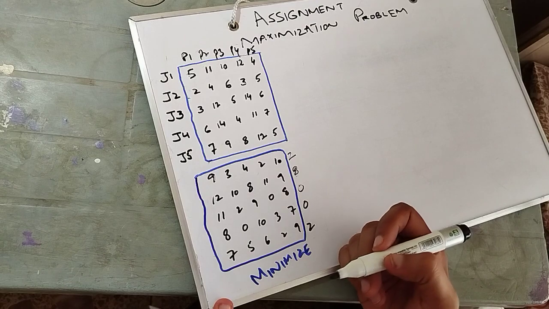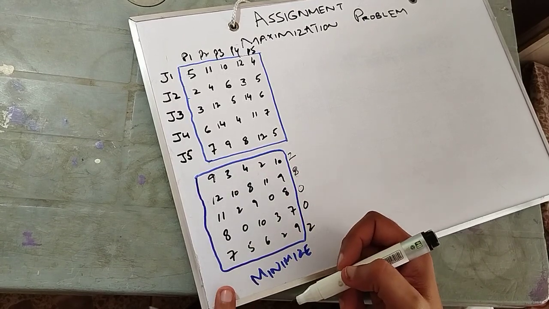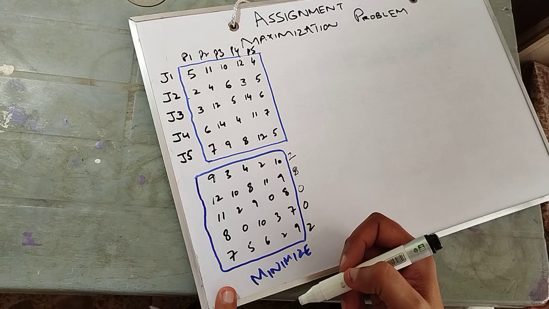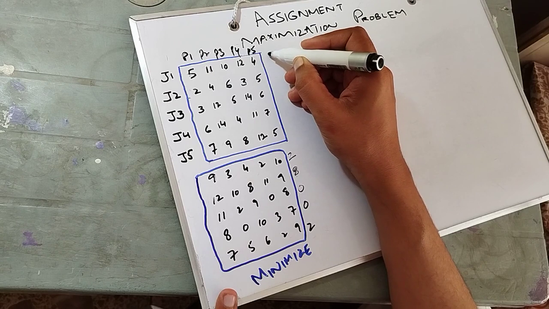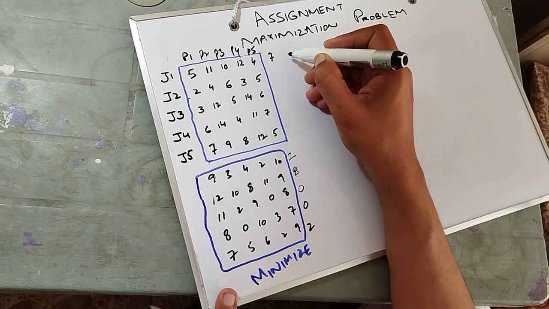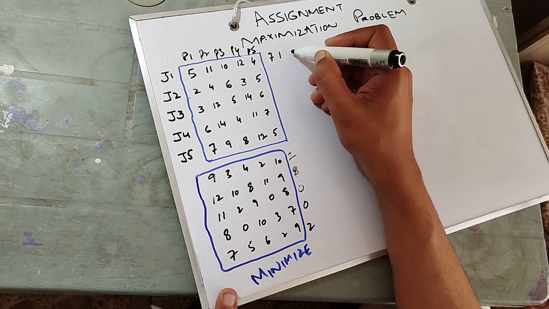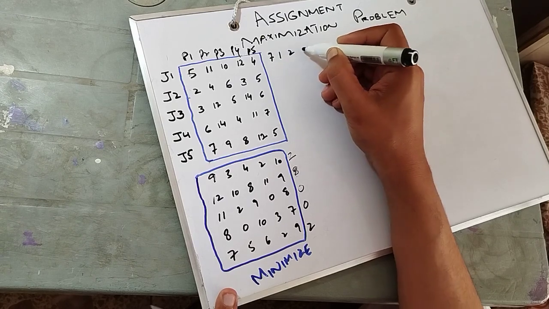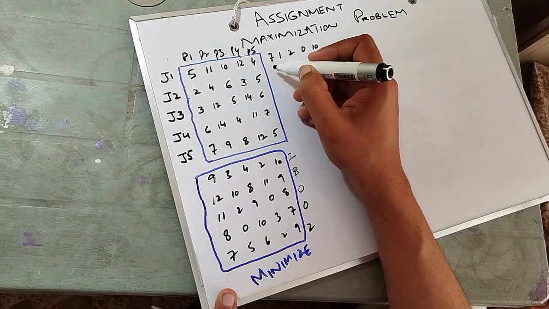Plus we also have to reduce its column as well. Okay, so first we write it down. 9 minus 2, 7. 3 minus 2, 1. 4 minus 2, 2. 2 minus 2, 0. 10 will be same.